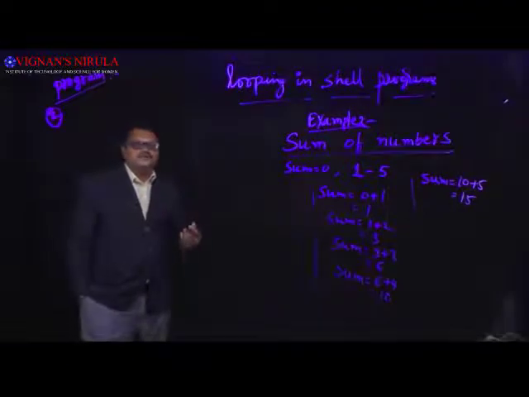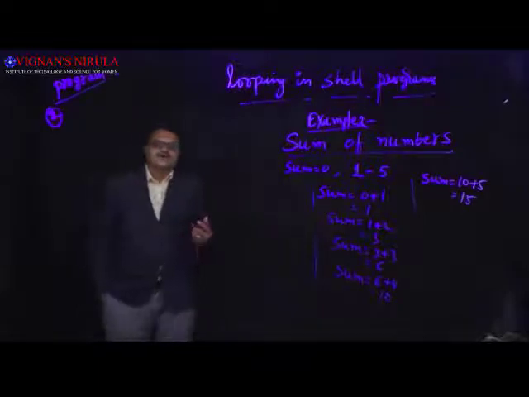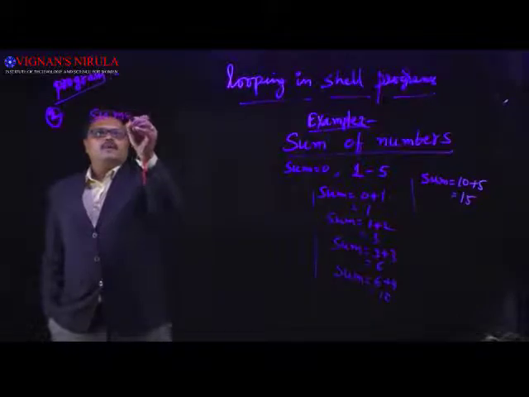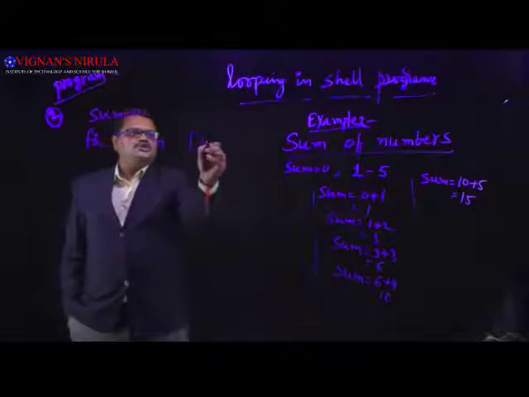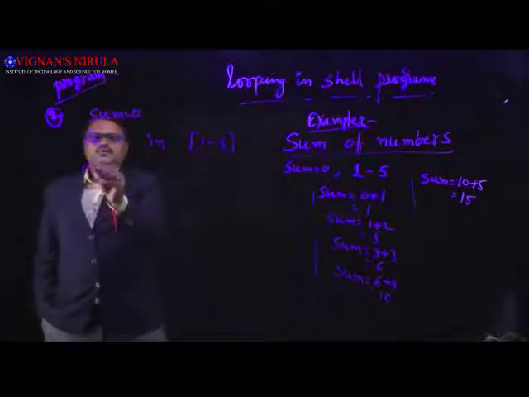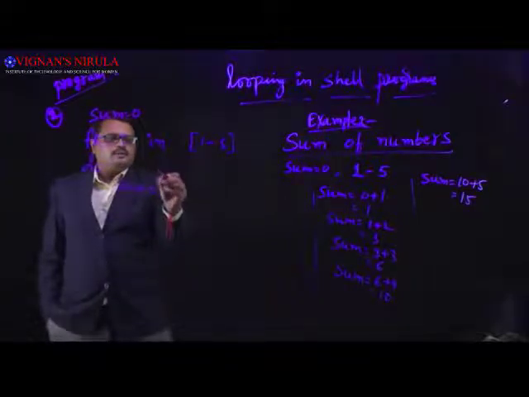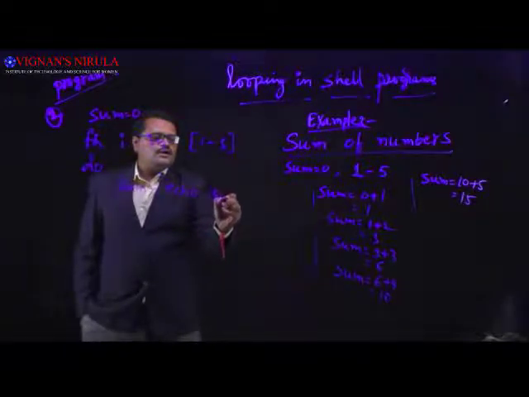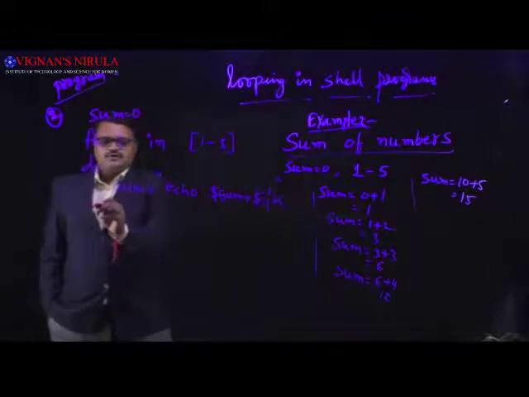Okay. So this second method of computing the sum of the numbers uses the bc command. For example, sum equal to 0, for I in range 1 to 5, do sum equal to backtick echo dollar sum plus dollar I pipe bc backtick close, and then done.